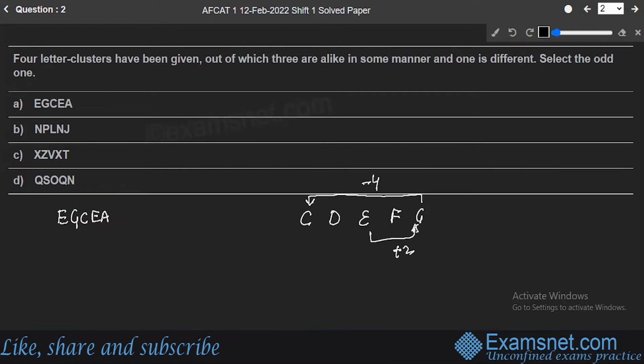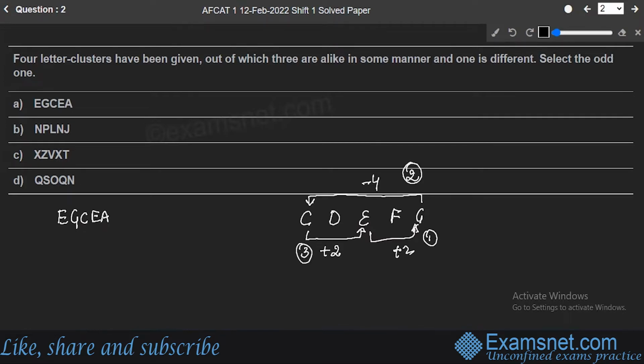In the first case you were moving +2. The next one is E again, so after this it is the third step, again moving +2 steps. This is the first step, this is the second step, and this is the third step.